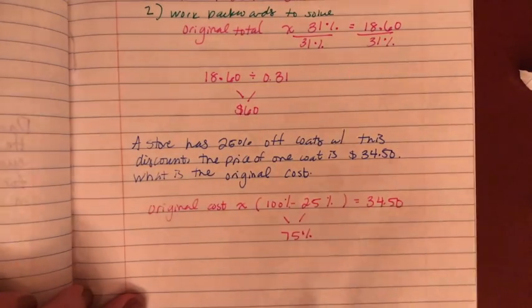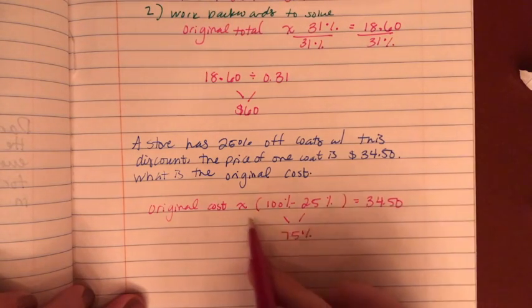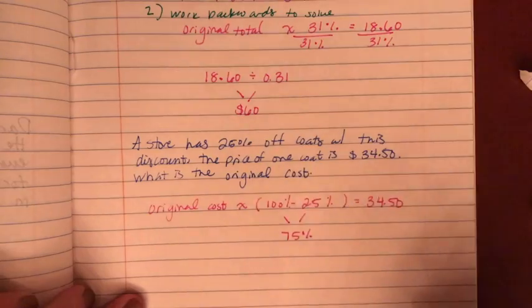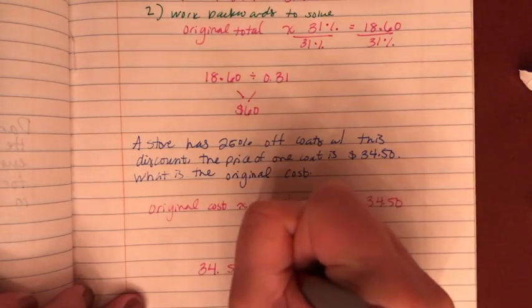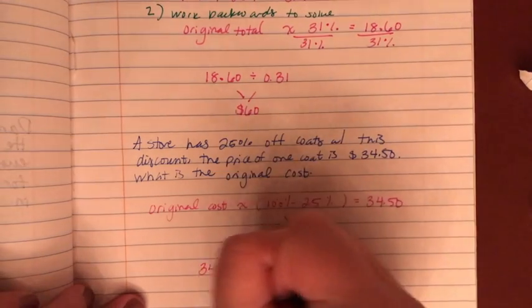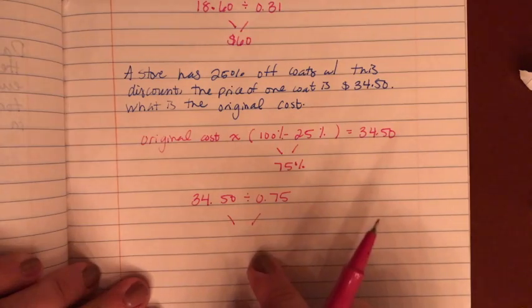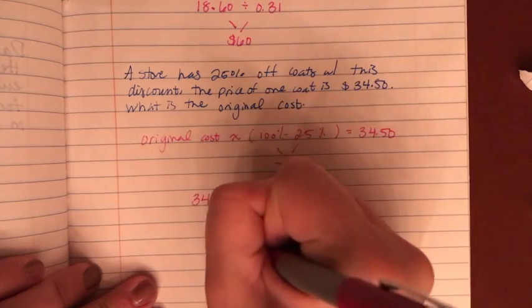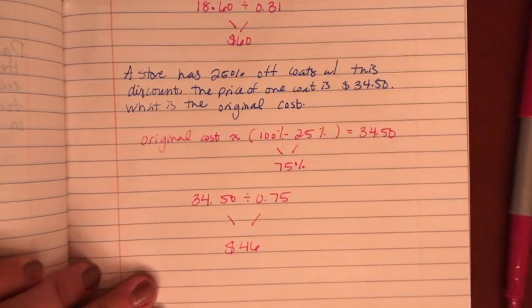So to solve that, I'm going to do $34.50 divided by 75%, and that will give me my original cost. If I were to use my calculator to do this, $34.50 divided by 0.75, I would get $46 as my original cost. Okay, let's do a few more.